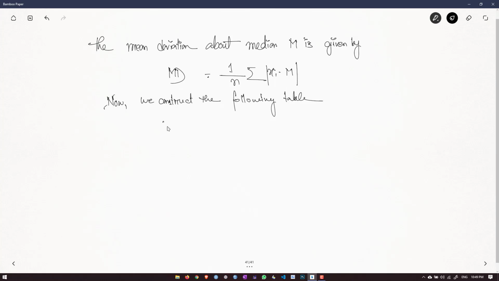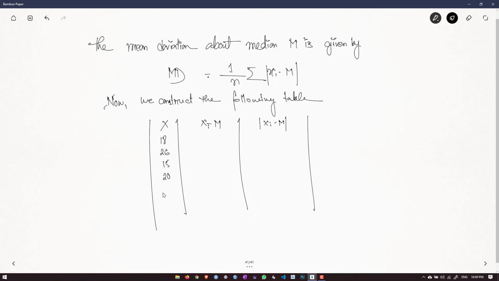What are the columns? First you will have x, then xi minus M, where M means median, right? You will have different values. So what are the different values of x? It was 18, 26, 15, 20, 17, 12 and 25.